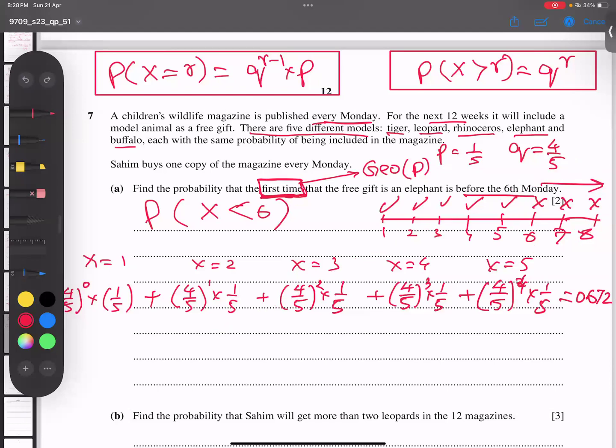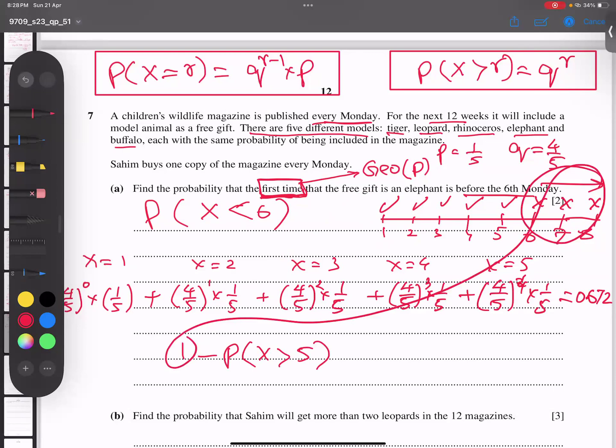The total of all answers is 1, so I find the probability of bigger than 5 and subtract it from 1, and that's it. This formula is true and I use that one: 1 minus q to the power 5, and q is 4 over 5.